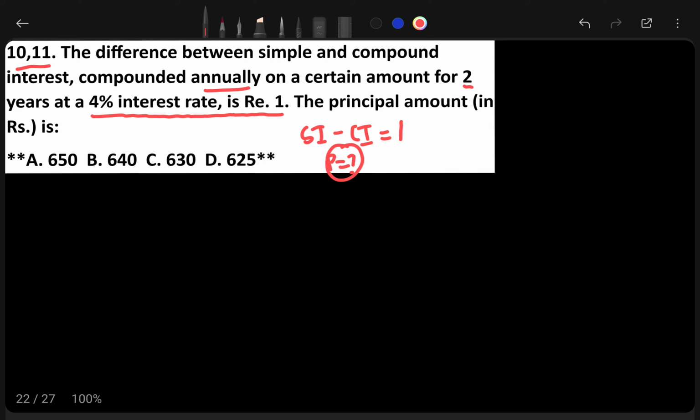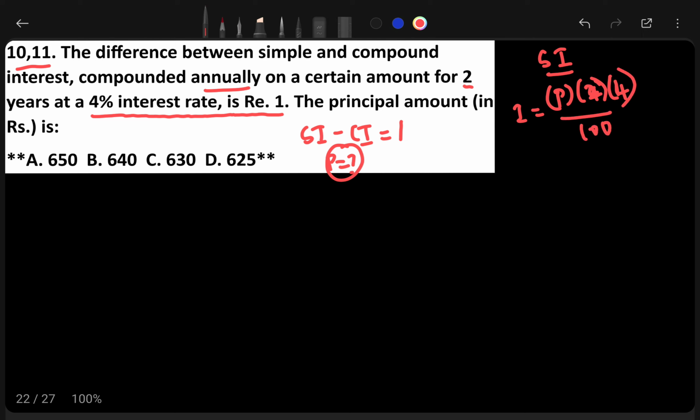First we shall do simple interest. In simple interest we know I is equal to PTR by 100. The principal amount is what we need to find. Time is 2 years and rate is 4 by 100.